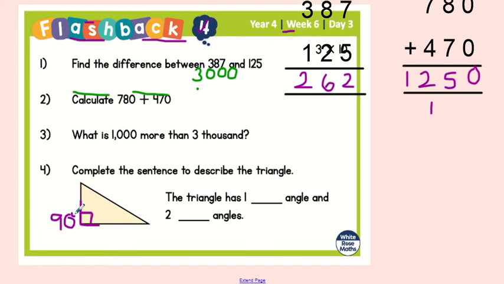We know a right angle is 90 degrees. So the triangle has one, I'm going to try and fit it in there as best I can, one right angle, okay, and two something angles.